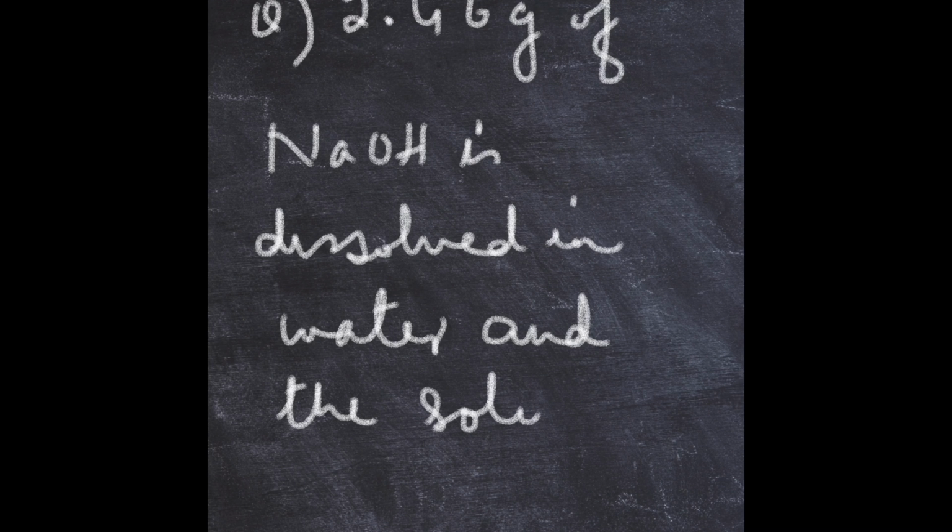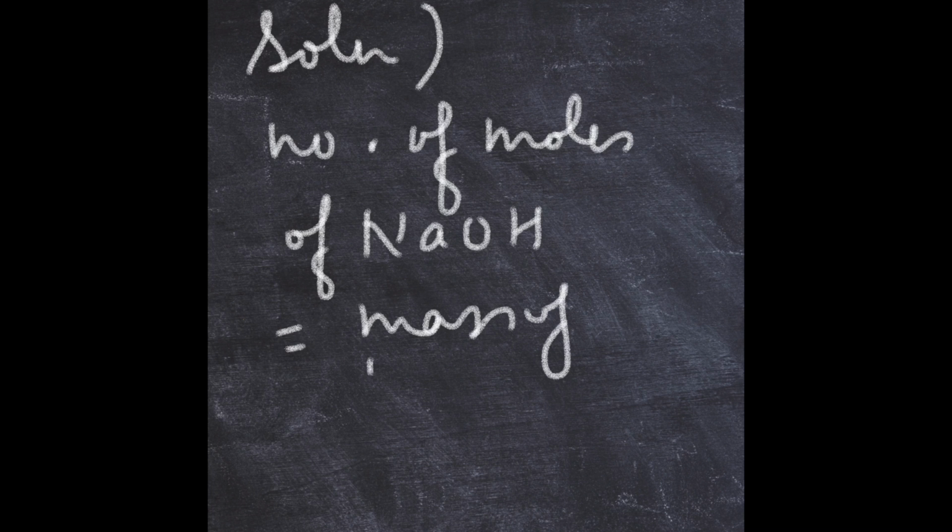So now what we have is number of moles of solute, or number of moles of sodium hydroxide. This is equal to mass of sodium hydroxide divided by its molar mass.